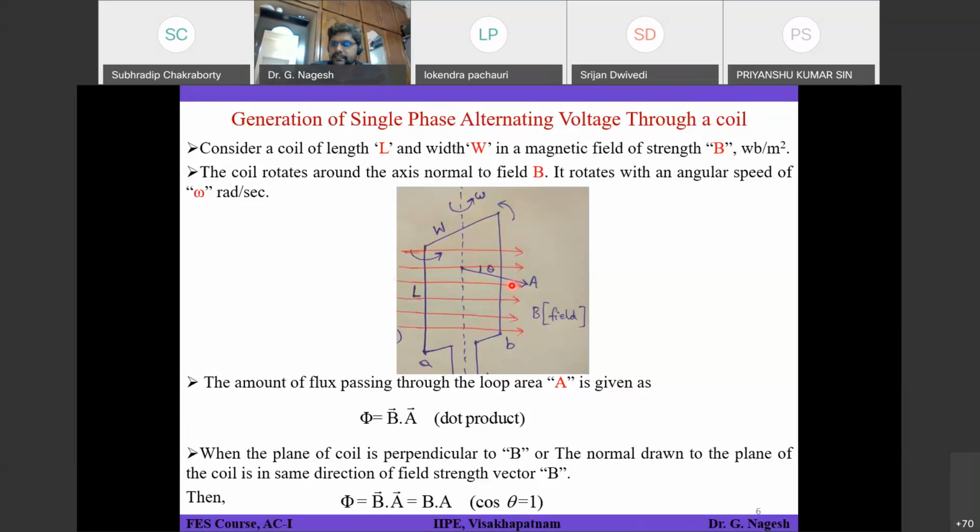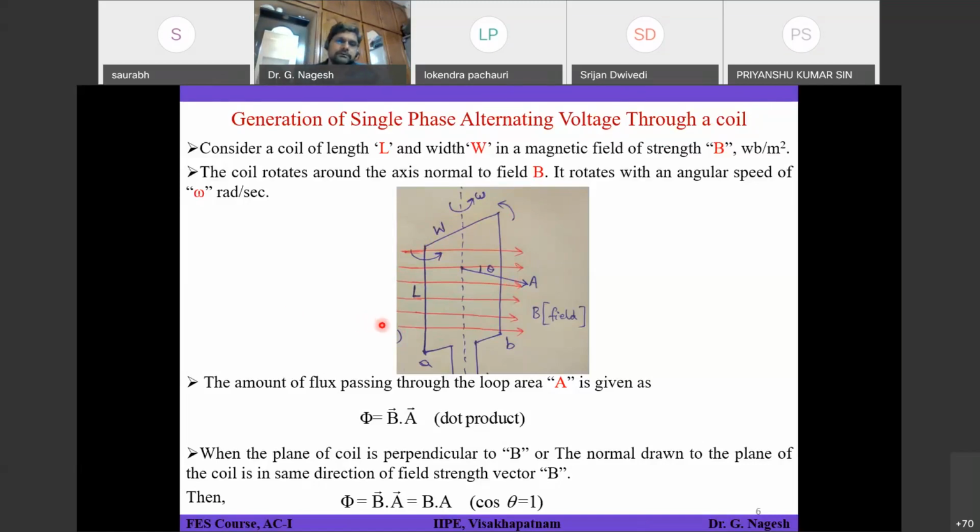You know omega, right? You have studied this or not? Yes, sir. So omega stands for radians per second. That means it's an angular motion about one axis reference frame. So it keeps on rotating. I have considered anti-clockwise direction, so it is rotating with omega radians per second, and it is going to cut the flux density B.